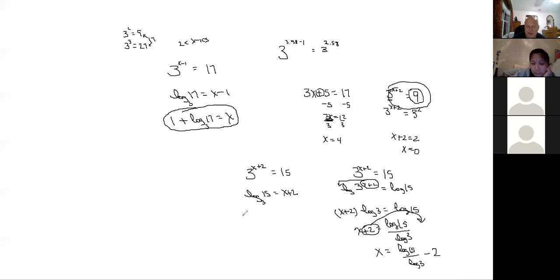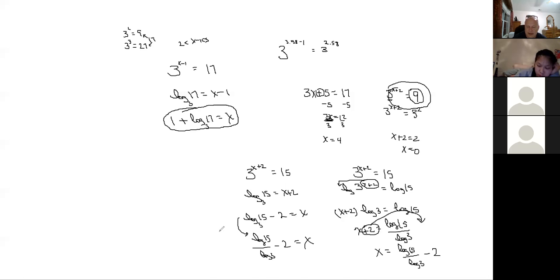And then subtract 2 to the other side. So it'll be log base 3 of 15 minus 2 equals x. And you're like, well, that's not the same answer. Oh, yeah, it is, because the log base 3 of 15, by the change of base theorem, which you'll learn in 3.4, is the log of 15 divided by the log of 3, minus 2. So it is the same answer.